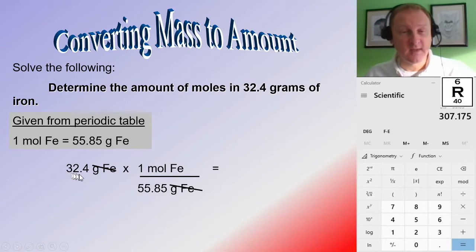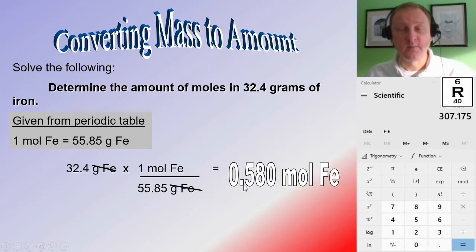You put it in your calculator just like this. You put the 32.4 and then this line, you can extend it over, divided by 55.85. And the units left over would be in moles. So we'd have 0.580 moles of iron.